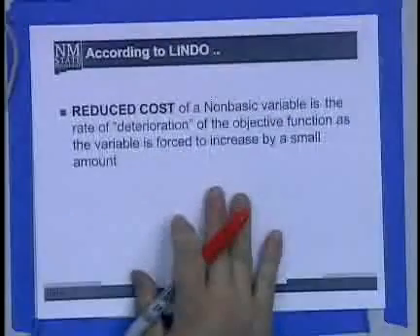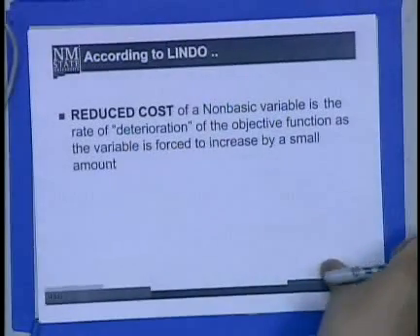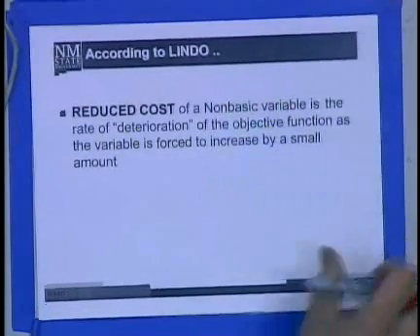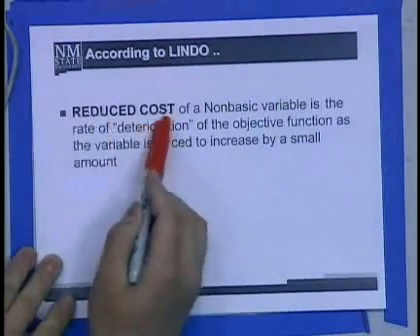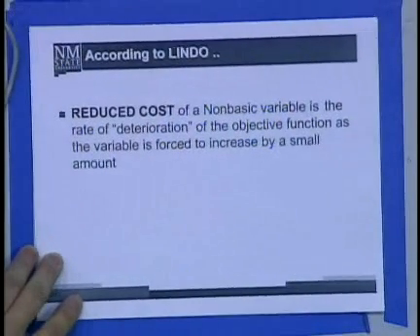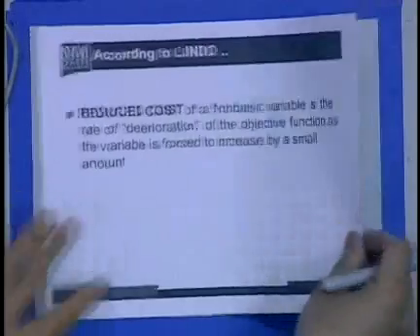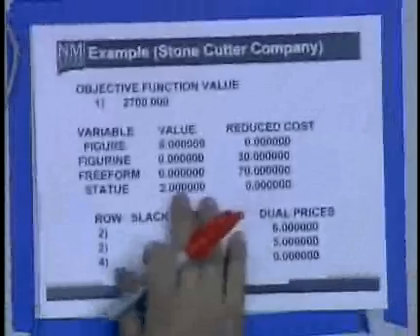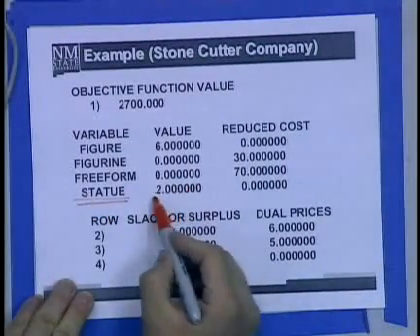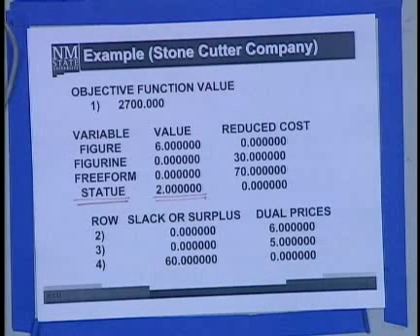So again, you need to look at the reduced cost. Okay? And the reduced cost is defined for non-basic variable only. Okay? That's the key point for this problem. Currently, the statue is a basic variable since it has the positive value, right?